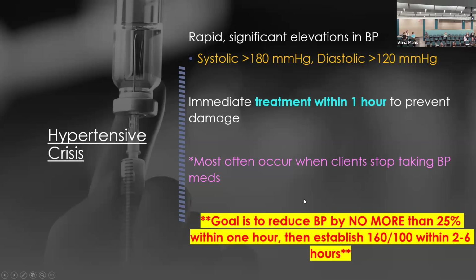And a lot of times it's what happens when they stop taking their medication, right? Or maybe they have a pheochromocytoma, we'll talk about that later, but something causes it to elevate. Here's the thing. Our first instinct is to bring it down. We cannot bring it down too fast or what will happen? What will happen?